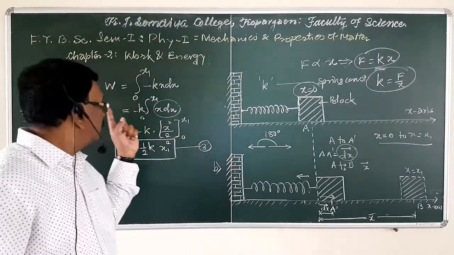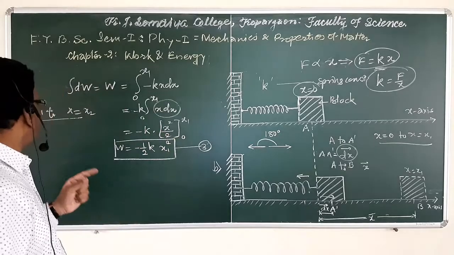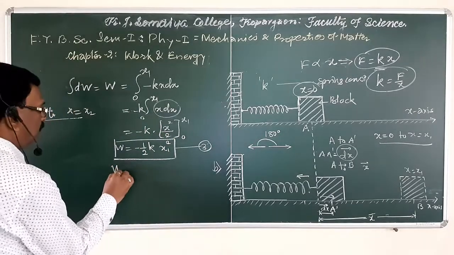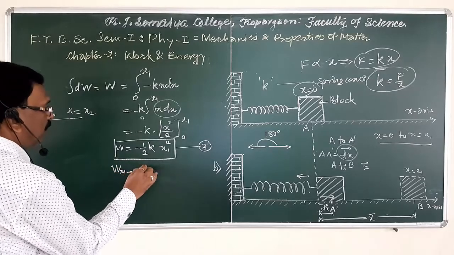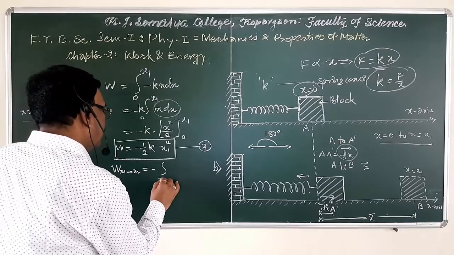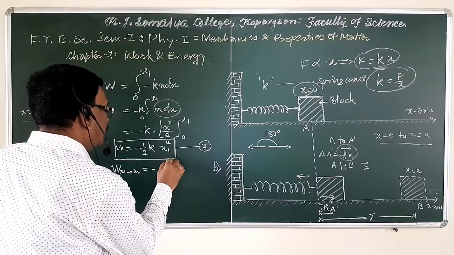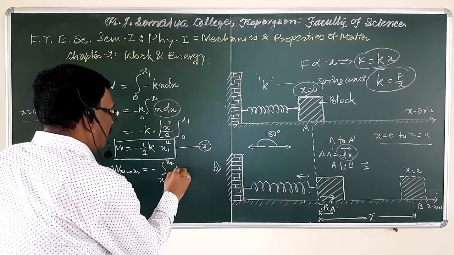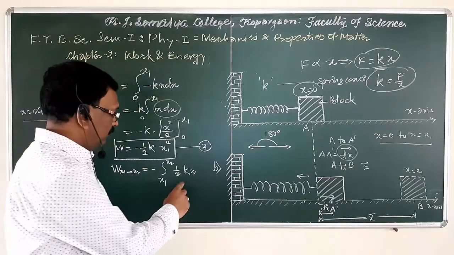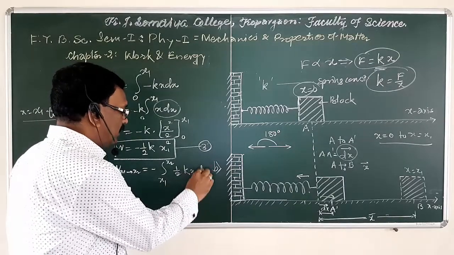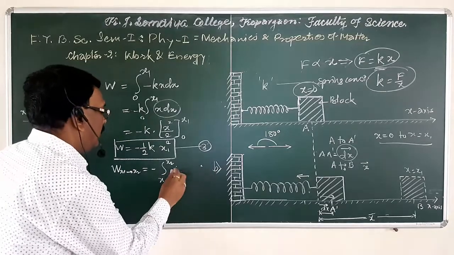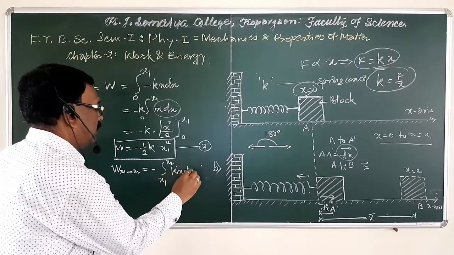Similarly, if the block moves from x is equal to x1 to x is equal to x2, then the work done will be W from x1 to x2 is equal to minus integral. Now the limits are going to change, x1 to x2, kx dx. Sorry, not 1/2 kx dx.